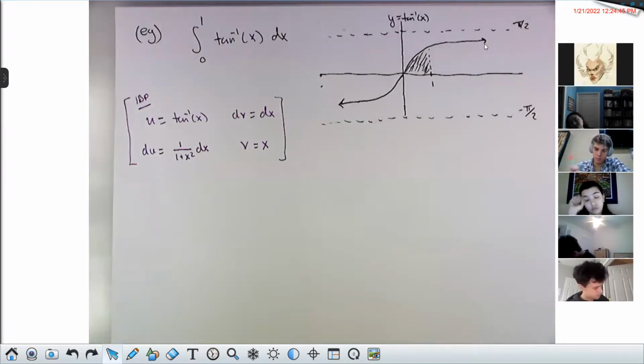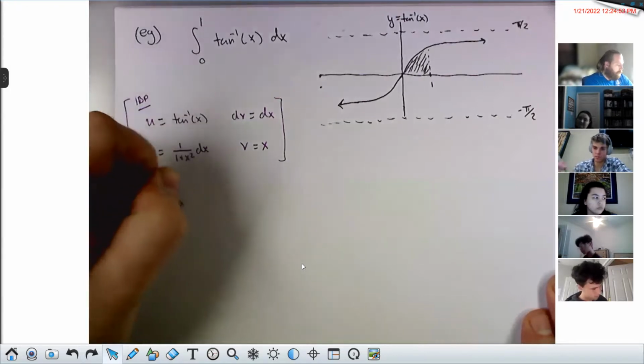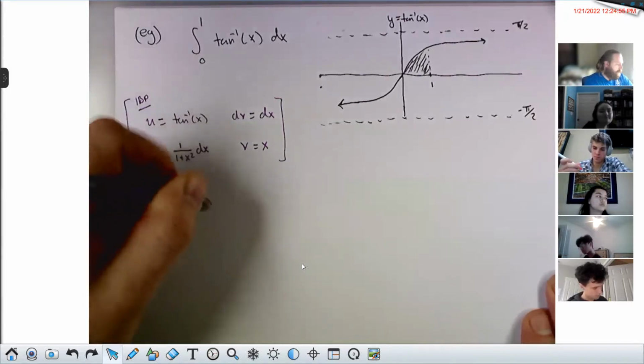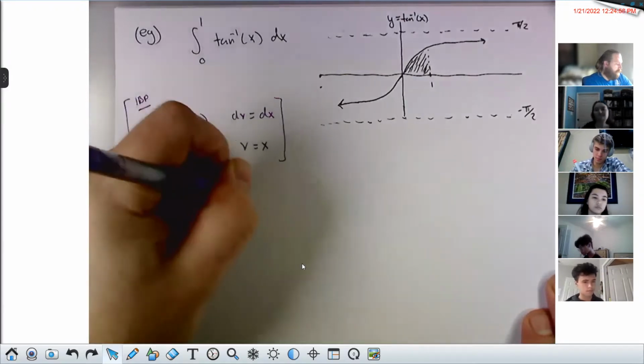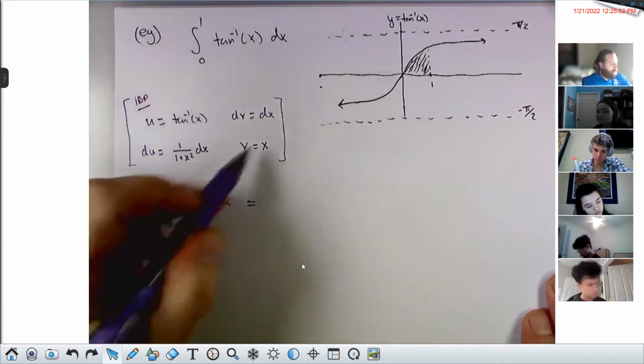Just remember that you're using the definite integral version of your integration by parts formula. So the integral from 0 to 1 of the inverse tangent of x dx is equal to u times v. I'll write the x out front.